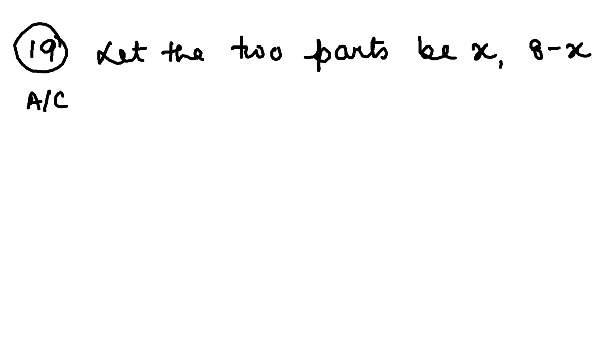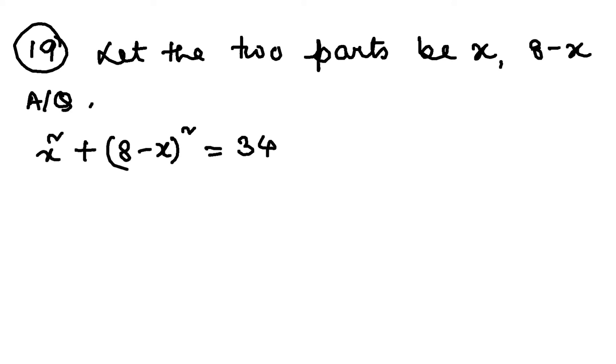Now according to the question, sum of their squares, so this square and this square and their sum is equal to 34. Now x square plus this, here you have to apply a minus b whole square.